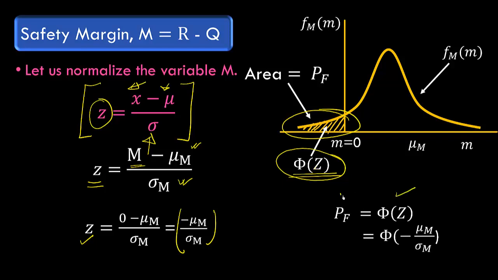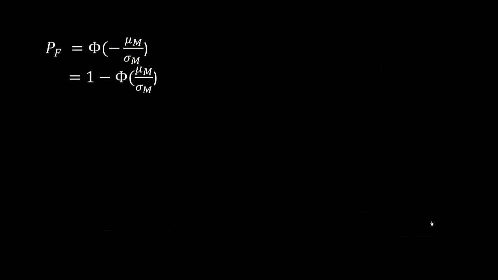So we can write PF equals phi of minus mu M divided by sigma M. If I use the properties of the normal distribution curve, we can write this as nothing but 1 minus phi of mu M divided by sigma M.